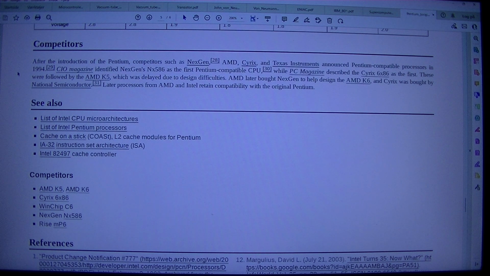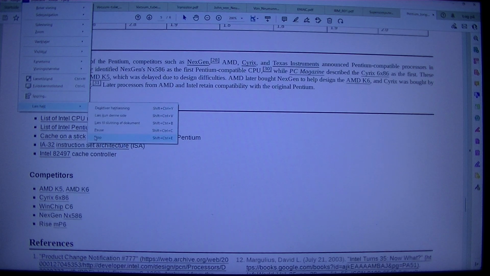Competitors: AMD K5, AMD K6, Cyrix 6x86, WinChip C6, NexGen NX586, Rise mP6. References. 1. Product change notification #7.